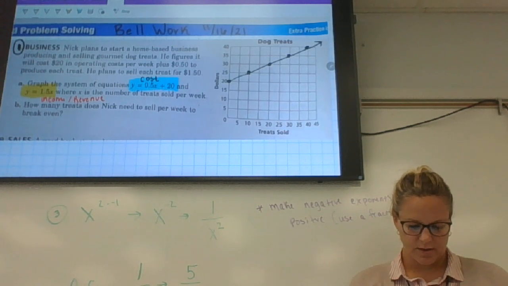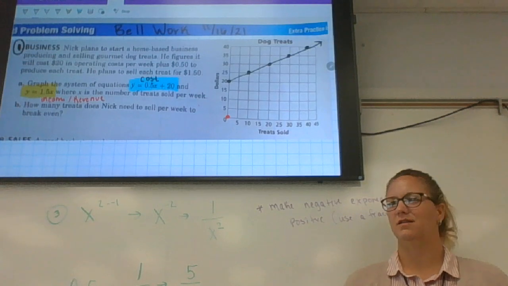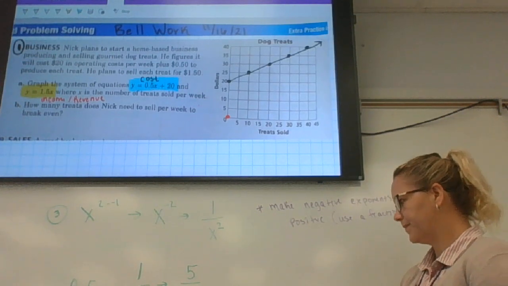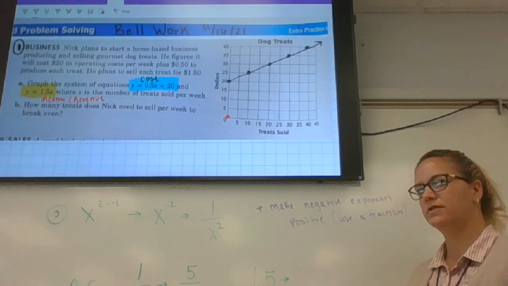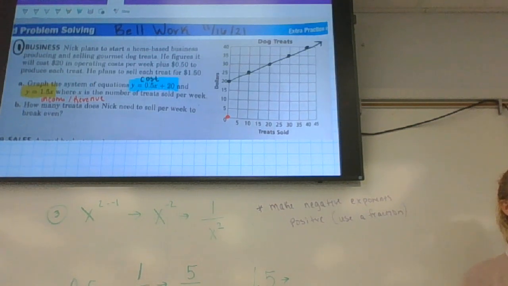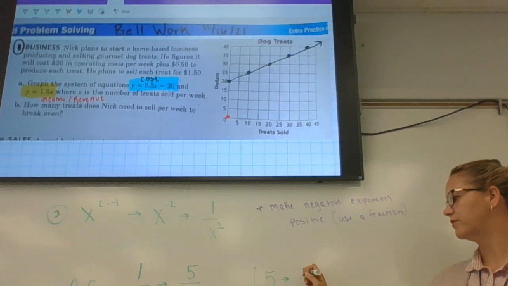Okay, and the other one starts at 0 and it goes up 1.5 over 1. I want to convert that too. 1.5 is the equivalent of what fraction? Cadence, can you put your device away, please? 1.5 is the fraction 3 over 2.